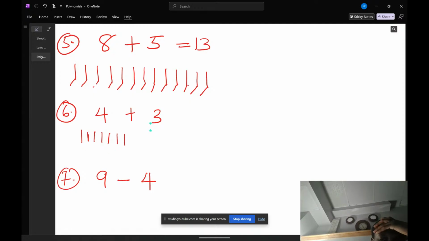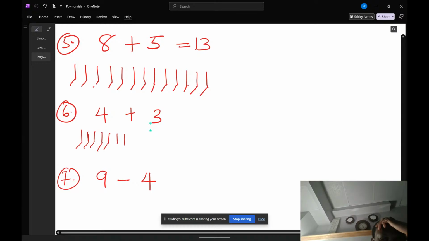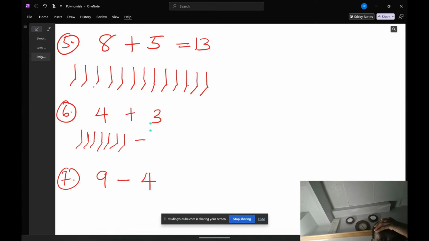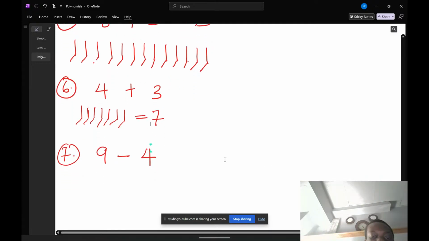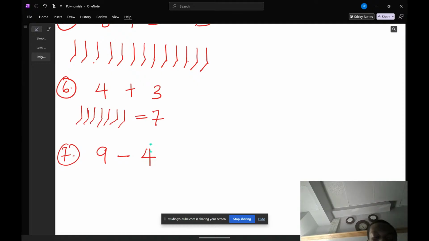So now if we count 4 plus 3 together, that will be 1, 2, 3, 4, 5, 6, 7. So we have 7. Okay. All right. Now we got number 7. We have 9 minus 4. So now in this case, we are going to count 9 and we take away 4.